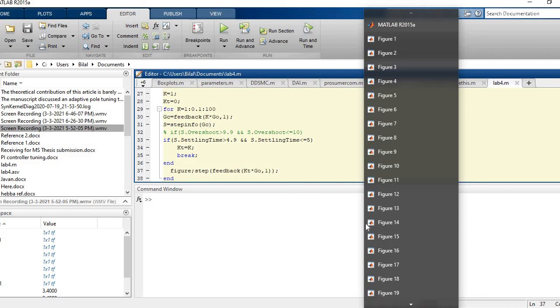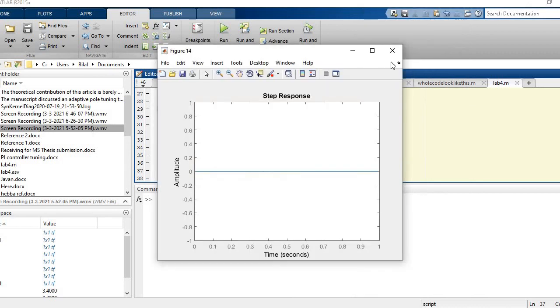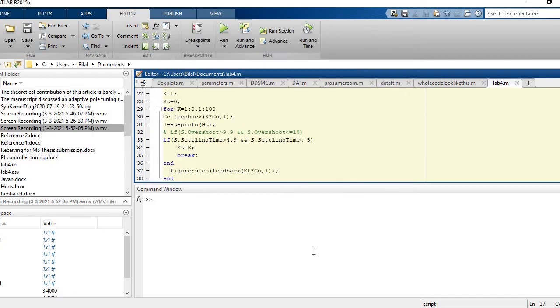Okay, so these are the step responses that we are getting for all the figures here.